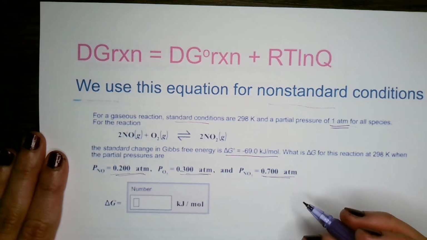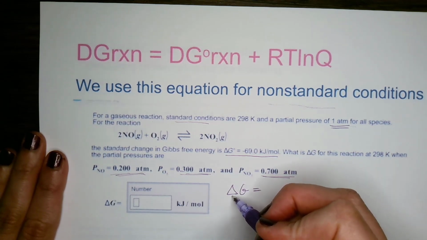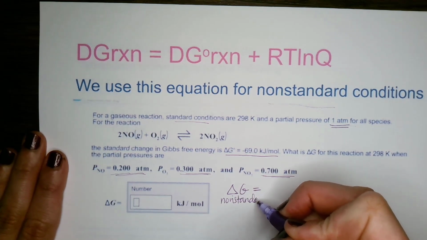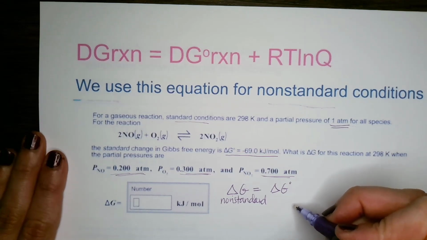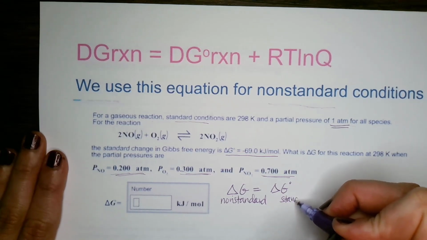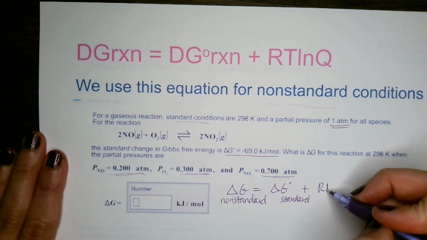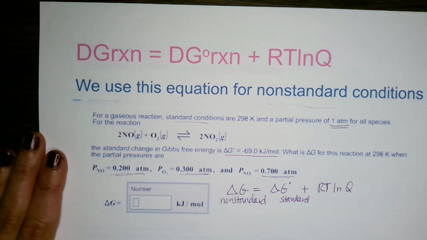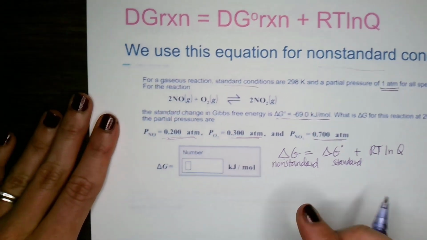So we know that we're going to use that equation, delta G at non-standard is equal to delta G standard plus R T natural log of Q. Okay, so step number 1, we need to find that reaction quotient. So let's do that first.